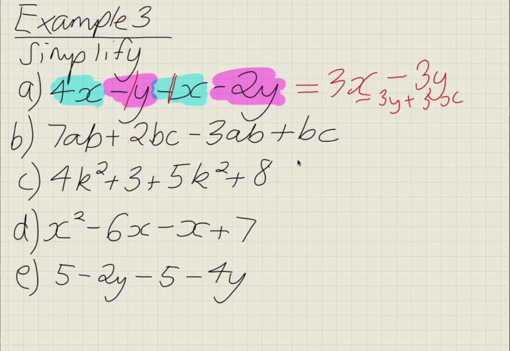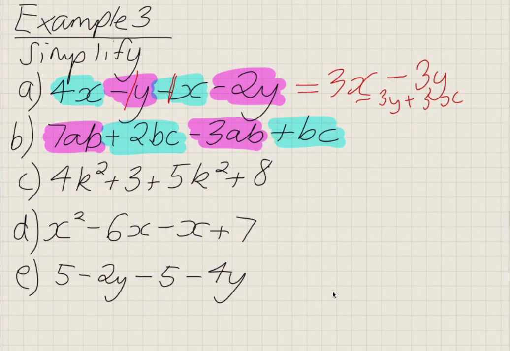In part B, we have 7AB. Now I can't highlight this term because A doesn't appear. I need it to be AB exactly. This one here does have AB in it, so I can highlight that one. Then looking at the other terms, I have 2BC plus BC as well.